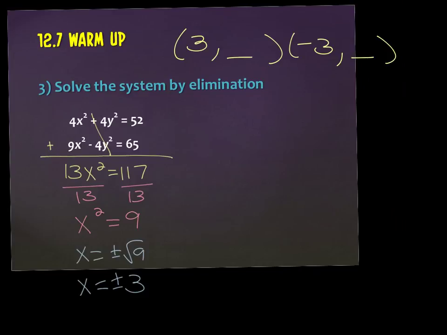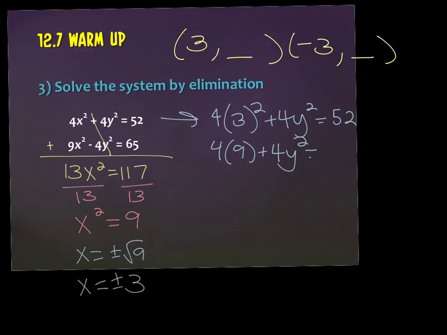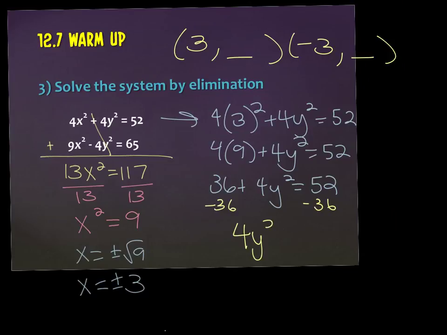And then I'm going to take those and plug them back in. Again, I'm just picking the first one because the 4 on the x is smaller, but you can pick either one. I'm going to plug in a positive 3. It's 36. Subtract that 36. Divide by 4.